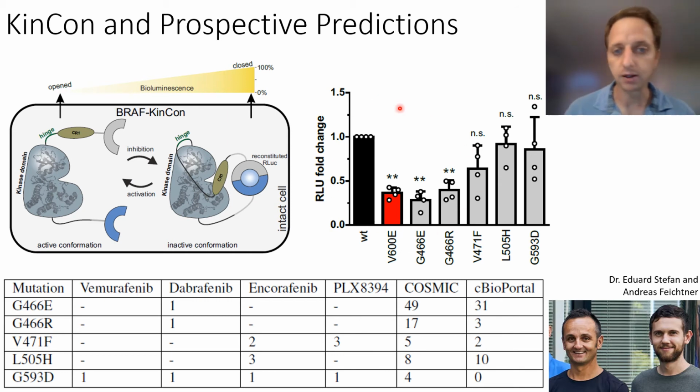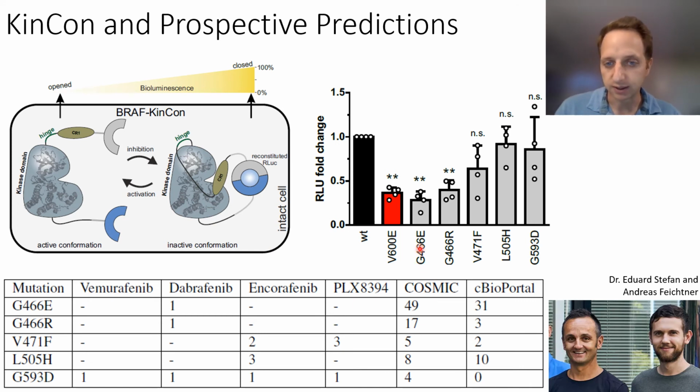Up on the top right here, what we're looking at is the control for the change in the relative light unit, RLU, for each of these different mutations of interest. Everything is normalized to the wild type BRAF, and what we see here is that this V600E mutation, which is sort of the canonical BRAF oncogenic mutation, the RLU drops to about 0.4-fold, meaning that it adopts a much more active conformation.